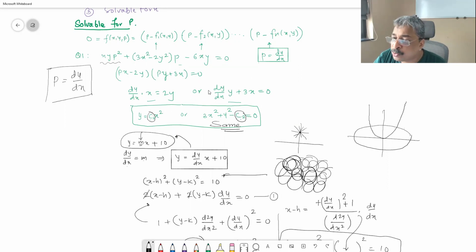The moment you specify c is equal to 1, all other integral curves will disappear from that xy plane, and only these two will survive. This is the diagram of the solution of your differential equation if c is equal to 1. And for every value of c, you will have one curve from this family, another curve from that family, and that is all about it.